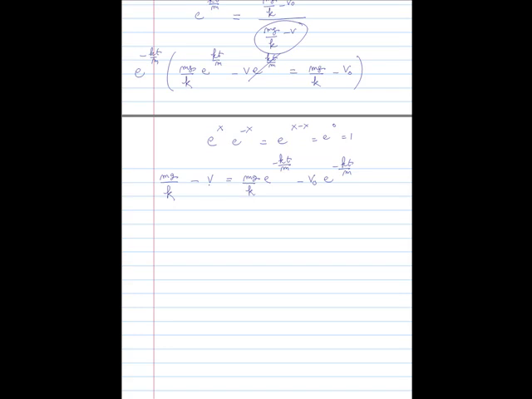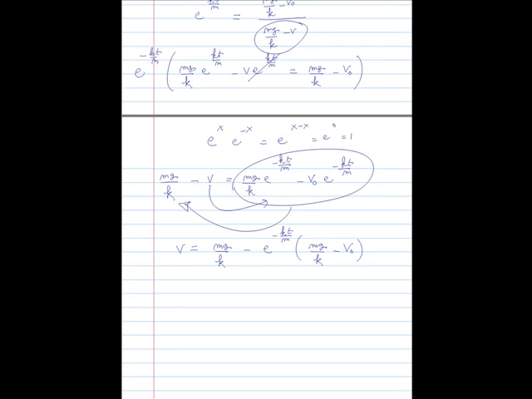Now all I have to do is move the v on this side and move all that stuff to the other side. So v will be equal to mg over k minus, and let's factorize the exponential, e to the minus kt over m times mg over k minus v naught.